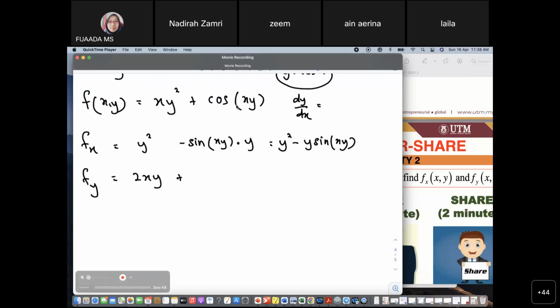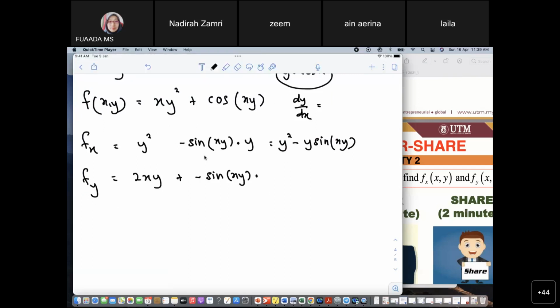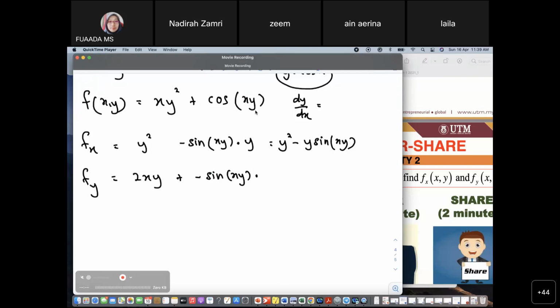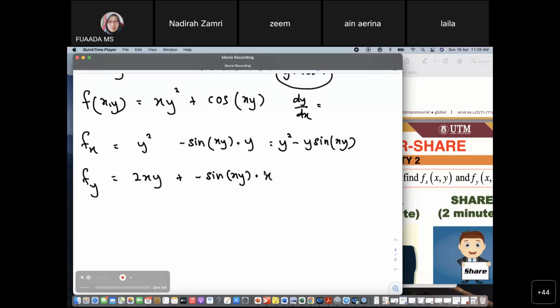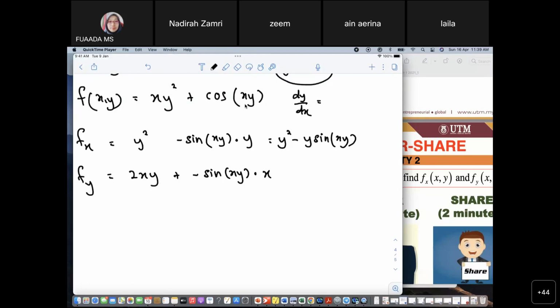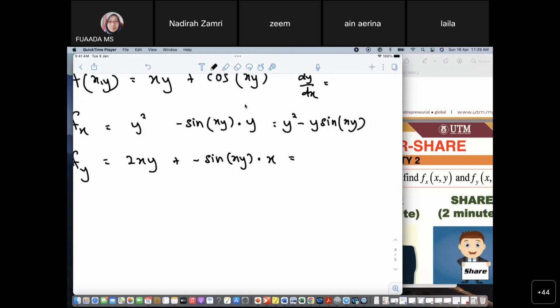The derivative of the outer function is the same as before: negative sine of xy, times the derivative of the inner xy with respect to y. x is constant for this one. So differentiate xy, y jadi 1, x kekal kat sini sebab dia coefficient. So when we simplify, we get 2xy minus x sine of xy.